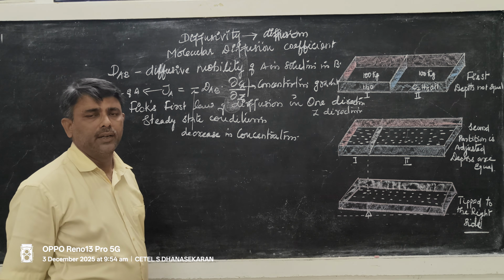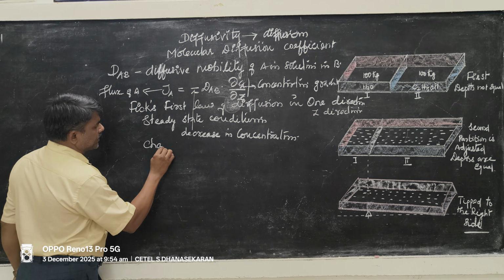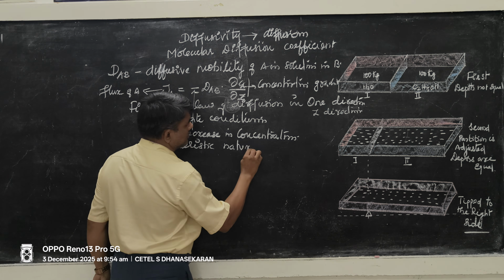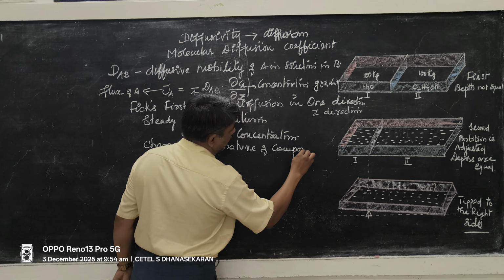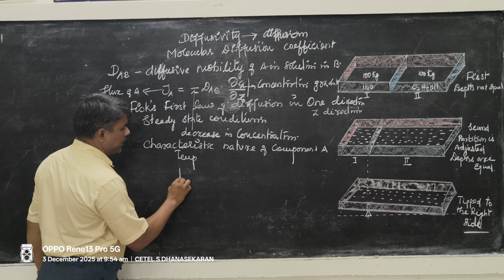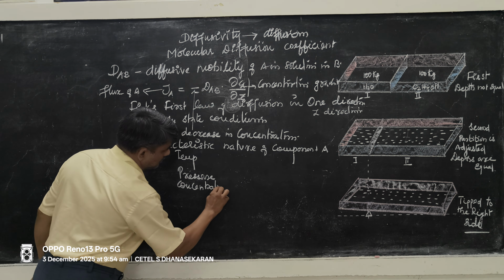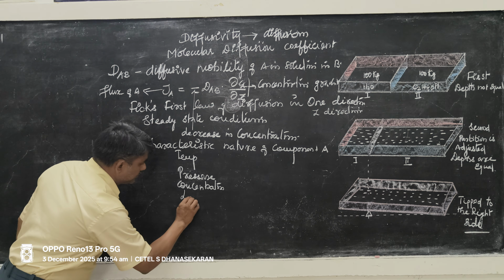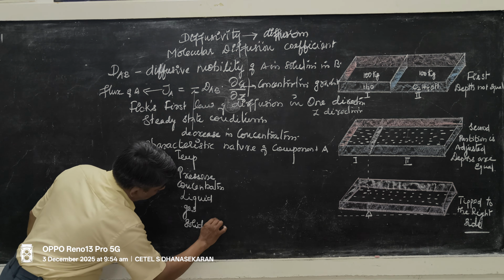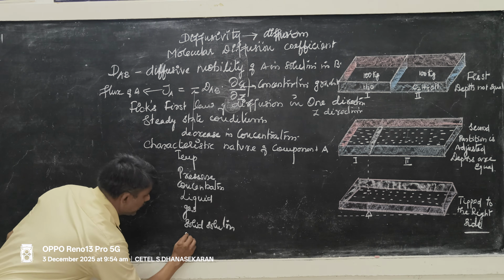One important thing is diffusivity depends on the characteristic nature of component A. It depends on its environment, that means temperature, pressure, concentration, diffusion in liquids or gas or solid solution, also with characteristic nature of other components present in the solution.